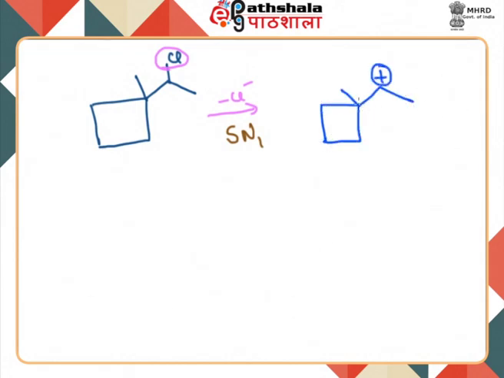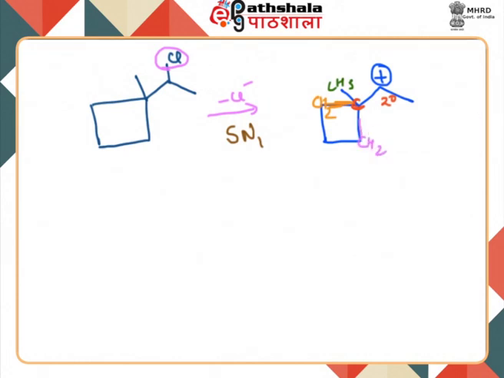And you can notice that this is a secondary carbocation. If you look at the adjacent, that is at the relative 1,2 position, this carbon is joined to this methyl group here, and you can see there is another alkyl group here, this CH2.